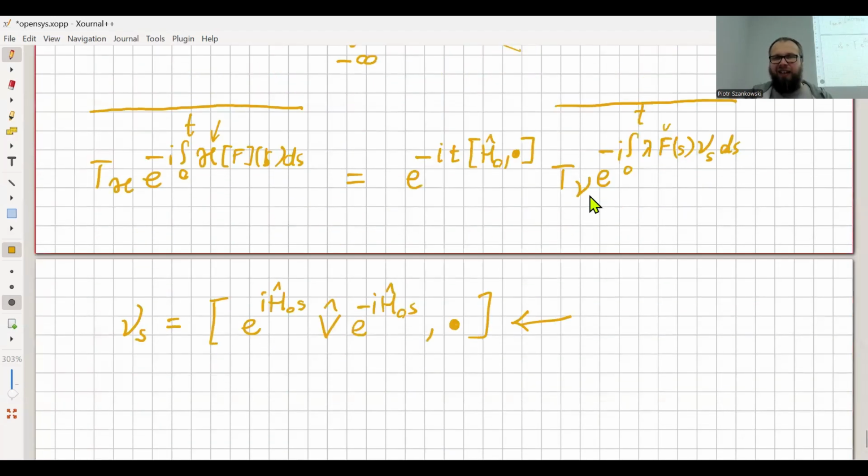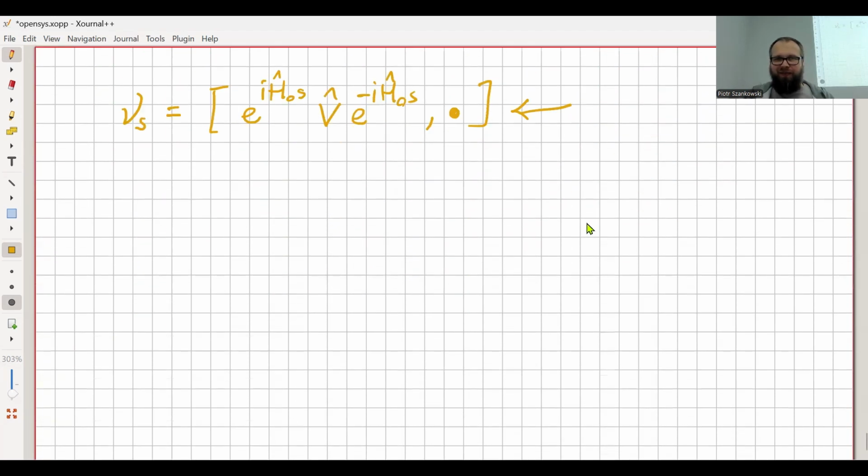Okay, so now we take this guy. Let's use our notation for this interaction picture.